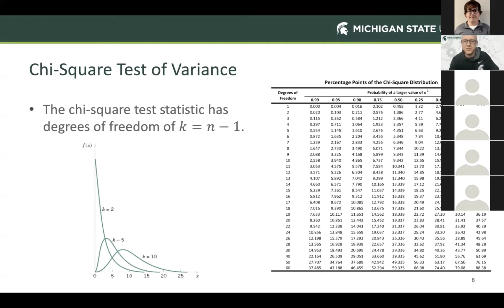And so we have just the single reference table. In the case of the t-test and the chi-squared test, the shape of that distribution is going to vary based upon the degrees of freedom. And so as a consequence, we'll basically have one unique distribution that corresponds to each degree of freedom.